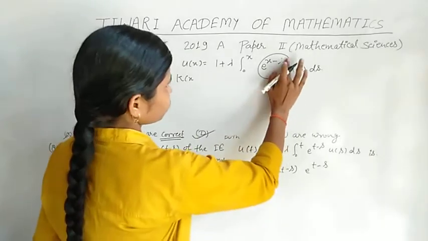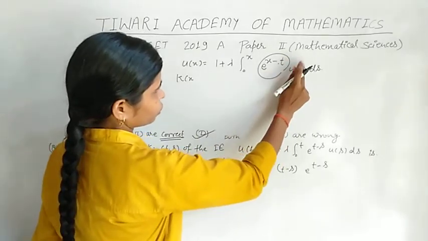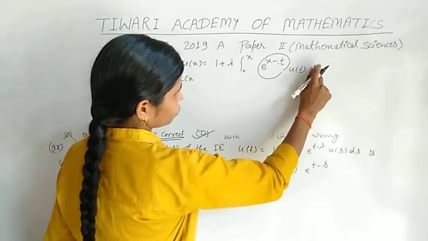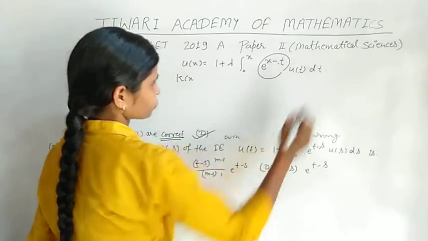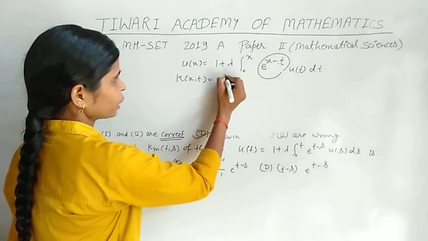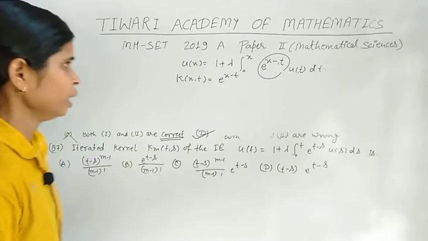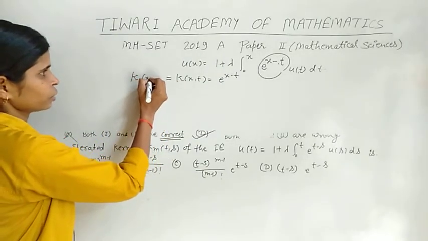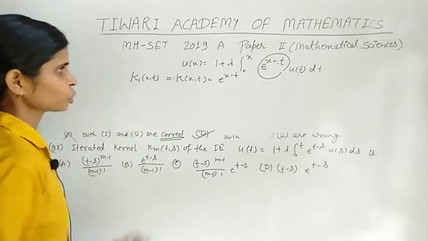If we change this in the form of t, s is replaced by t. K x t is equal to e raised to power x minus t. And let us suppose that this is our first iterated kernel. K1 x t is equal to K x t. Okay.